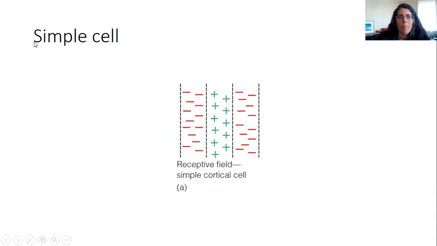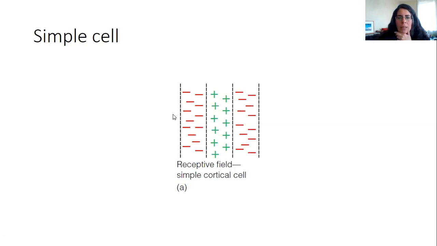So here's an example of a simple cell. Again, we have this excitatory area of its receptive field. So if light is shown in this area, there'll be a neuronal response. The more the light fills up this area in the center, which is excitatory, the more rapid the firing will be.